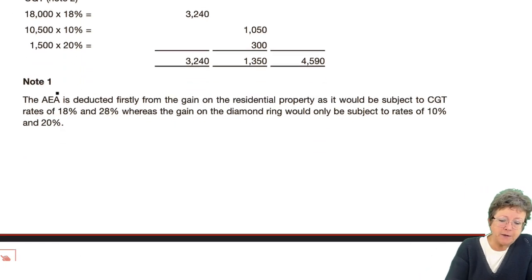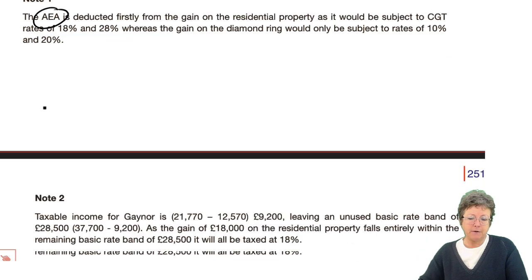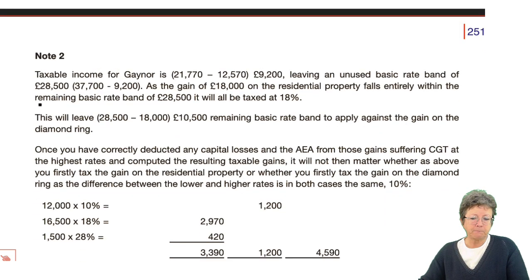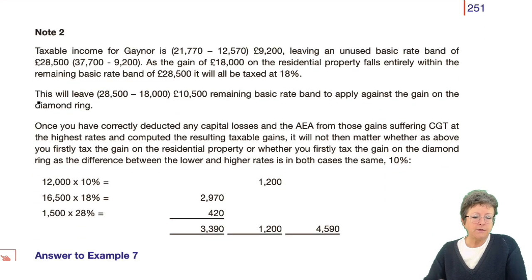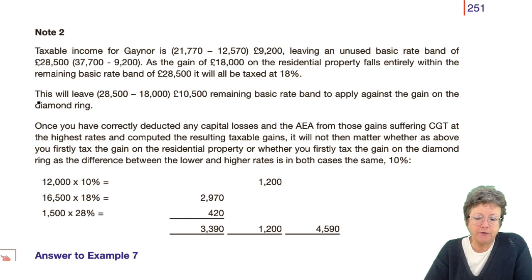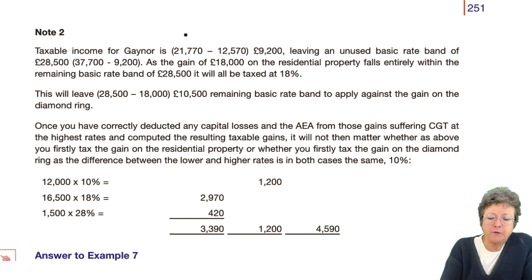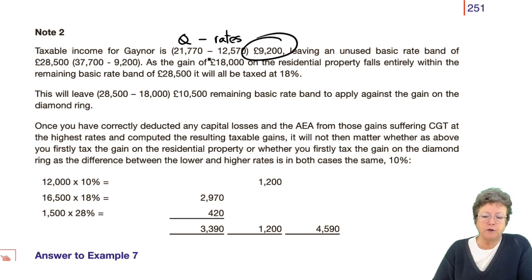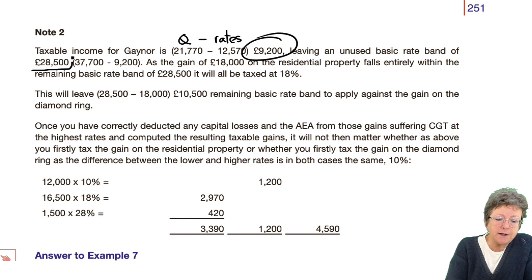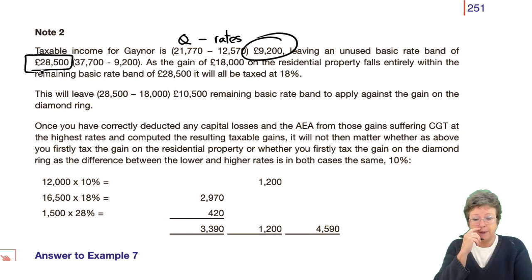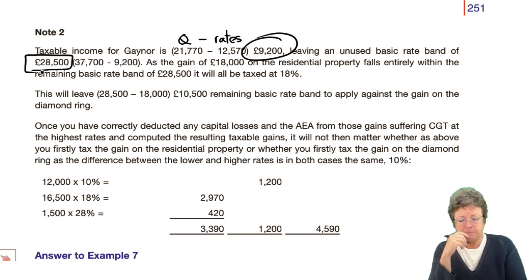There's the note about the annual exemption, which I've just explained. Note 2. The taxable income for Gainer is 21,000. That's come from the question. That's come from the rates, which gives us 9,200. So she's got 28,500 basic rate band left.